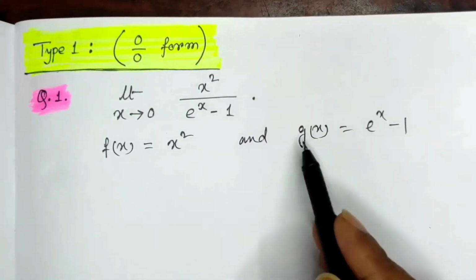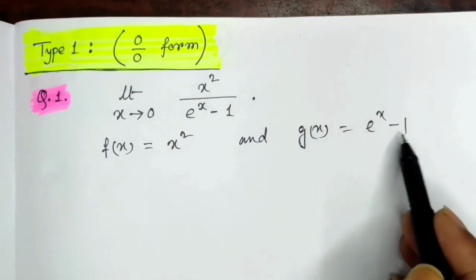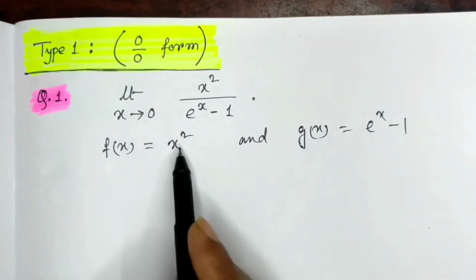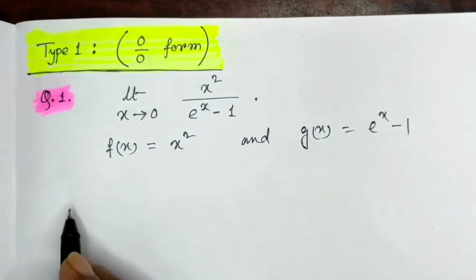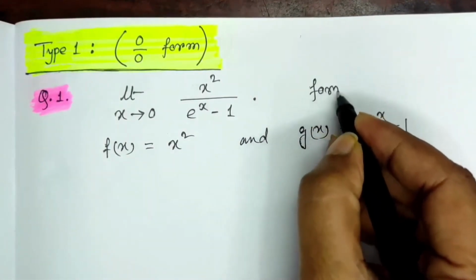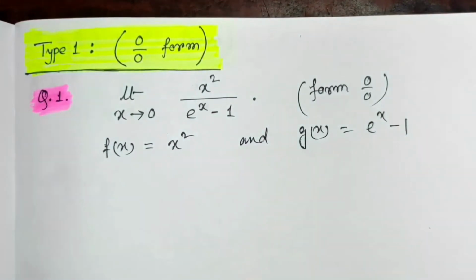And similarly, e to the power 0 is 1, and 1 minus 1 is 0. So this one is 0, this one is 0 at the limiting condition x tends to 0. So we can say the given limit is in the form of 0 by 0. So when we find out it is in this form, we identify that it is the indeterminate form 0 by 0.